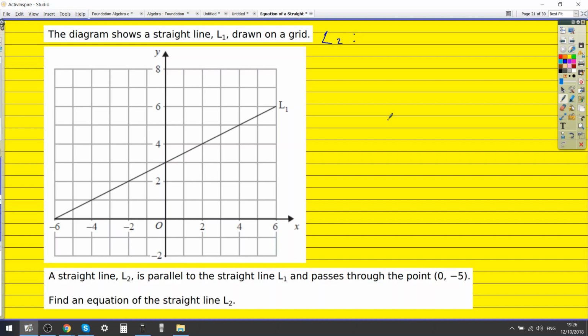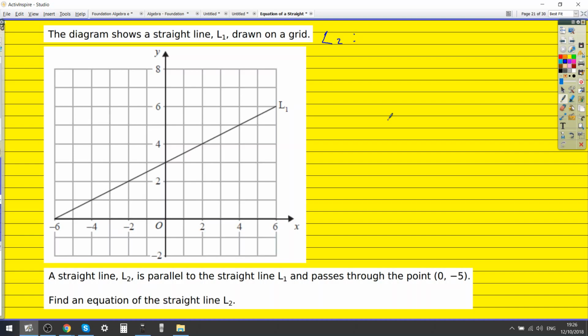Is the line going upwards? And how do you know the line's going upwards? Because it's parallel to L1. Correct. So what I'm getting at is it will have the same gradient if it's parallel.